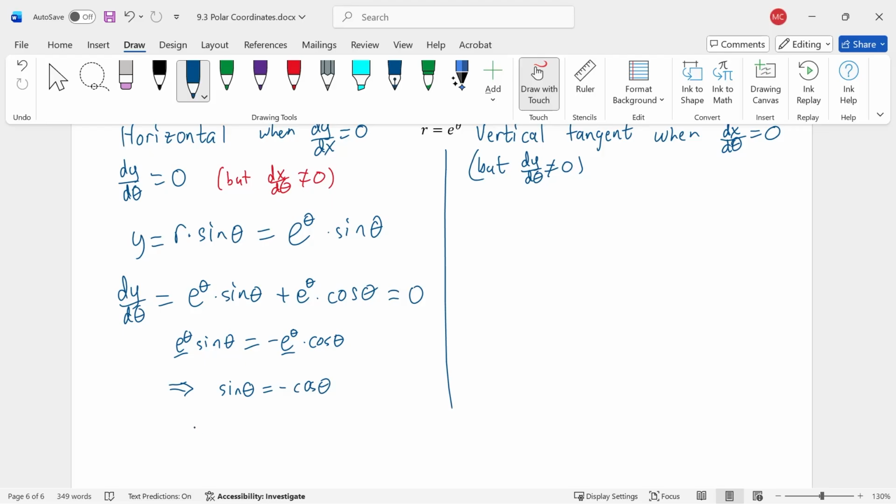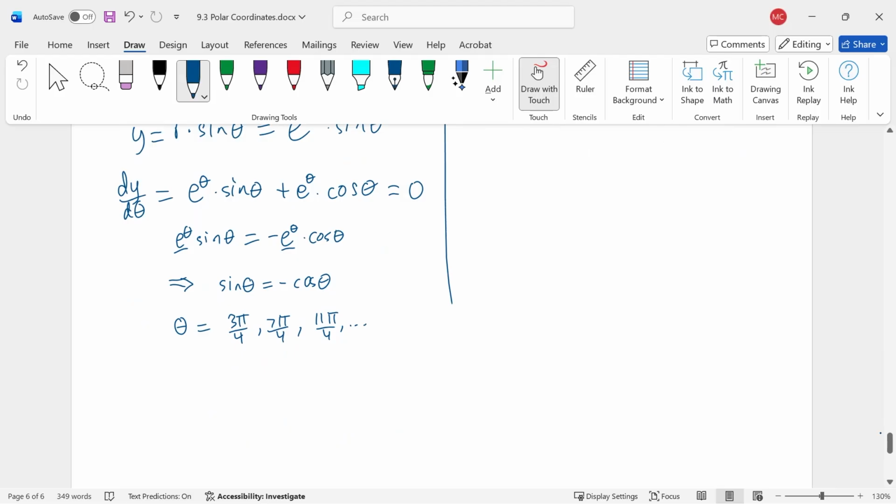So what angles will that occur for? Well, sine and cosine are negative of each other at 3π/4, 7π/4, 11π/4, and so forth. In fact, they are negative of each other every time θ is 3π/4 plus some integer multiple of π.